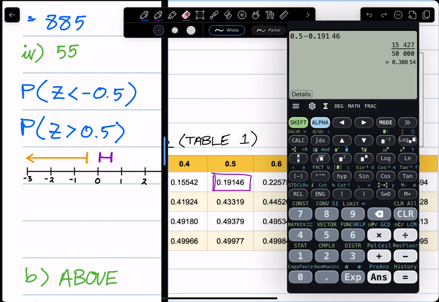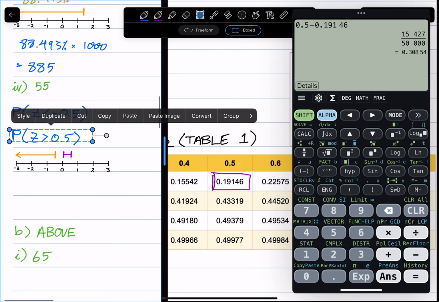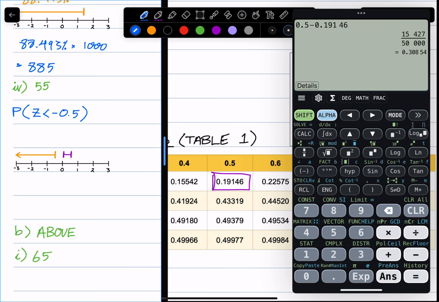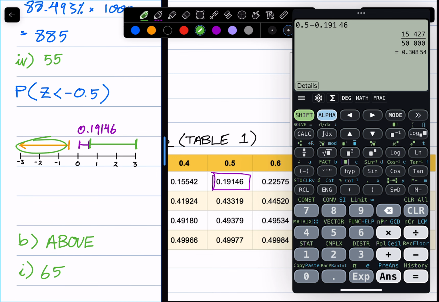Okay, so I'll really show this graphically. So this bit in purple is 0.1946.